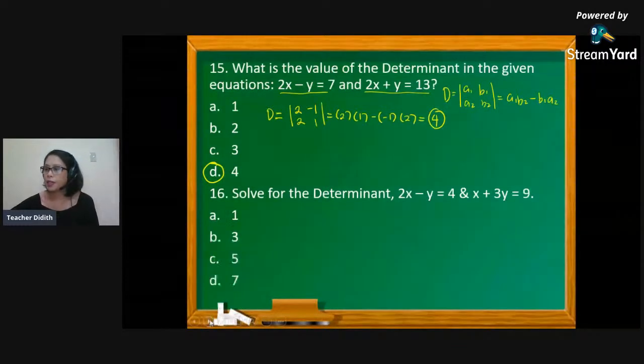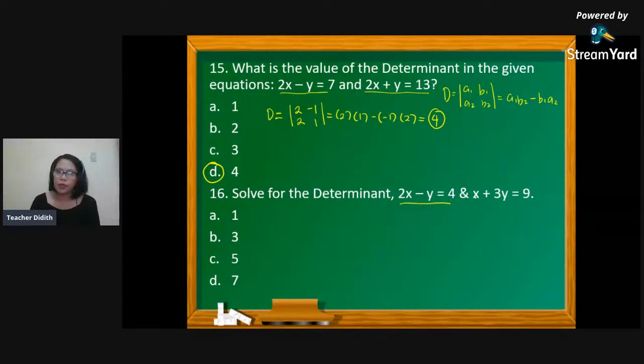So guys, we are now in number 16. This is the first equation and this is the second equation. And then we are solving for D. So again, let's substitute the given. So there are answers again.